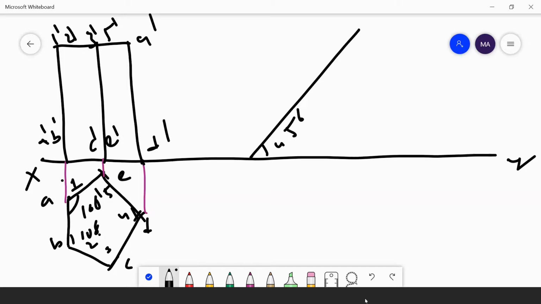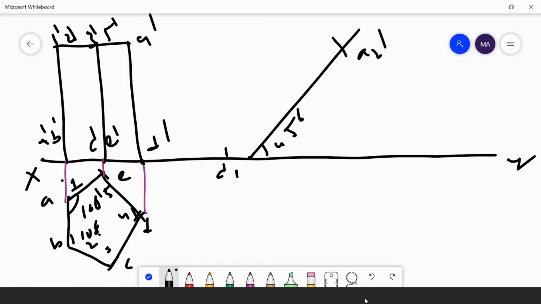I measure from D to A. I will take this point as D1 dash. I will measure from D dash to A dash and cut an arc here. I will get A2 dash. Understand? Is it clear?